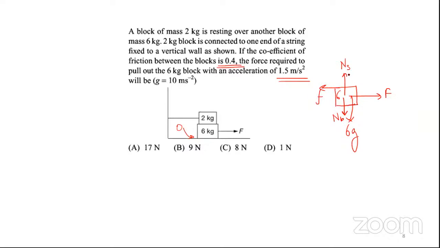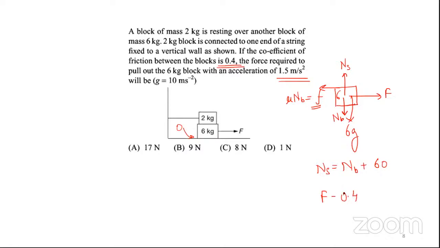All right, that's it. So there's no motion in vertical direction. So I have NS equals NB plus 60 and F minus f. Now this f is because of the block above, so it is proportional to NB. So this can be written as mu into NB. Mu is given as 0.4.